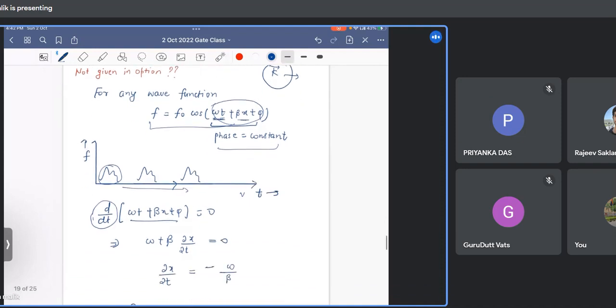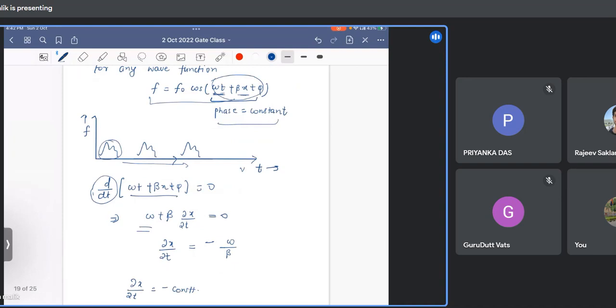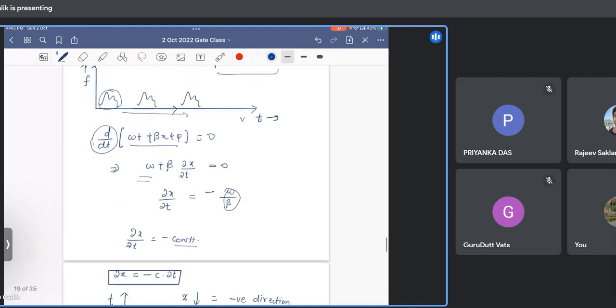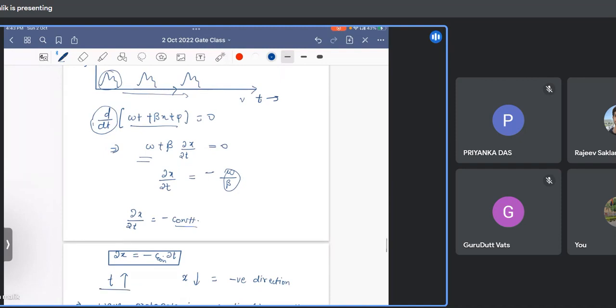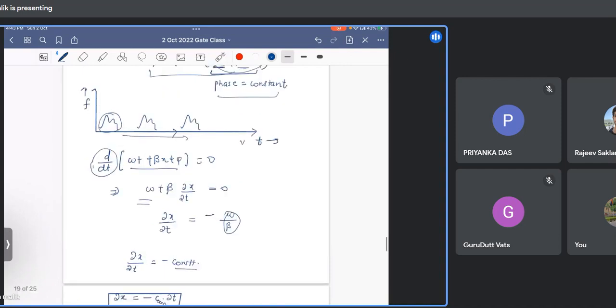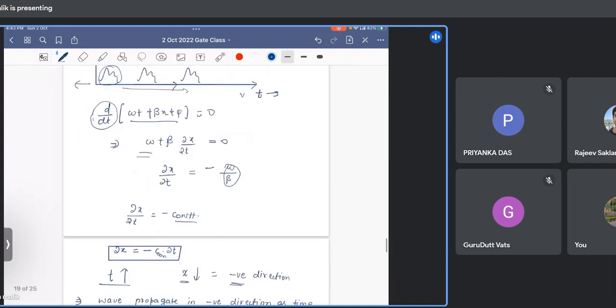When we differentiate, it gives an expression dx by dt as minus omega by beta. Omega and beta are some positive values, let's say some constant. So dx will become some constant times dt. So if your time is increasing, your x is decreasing. That is, your wave is propagating in the negative direction.